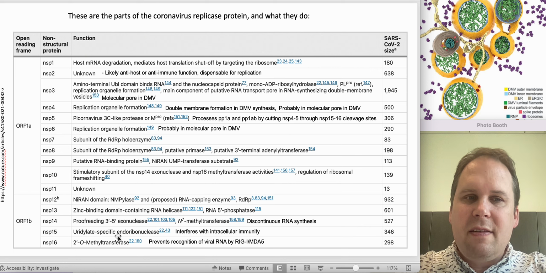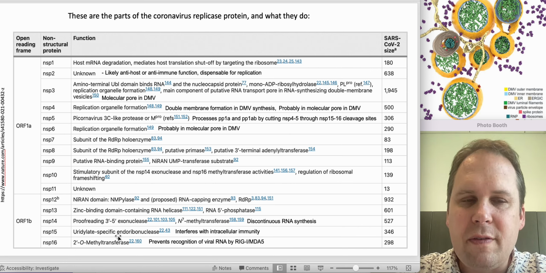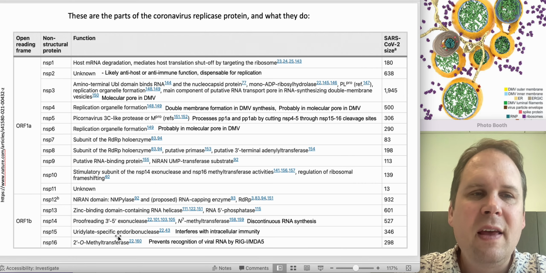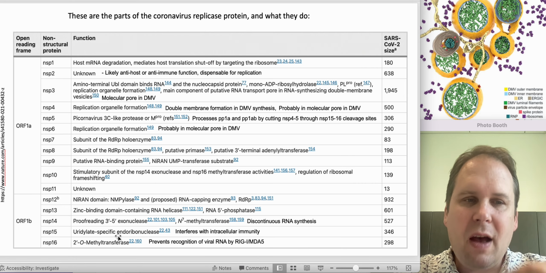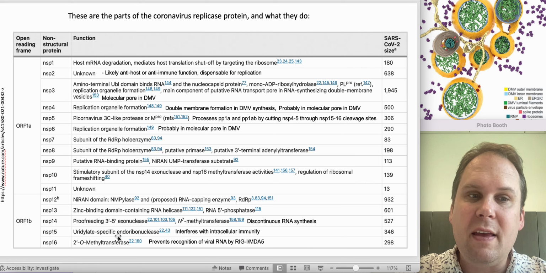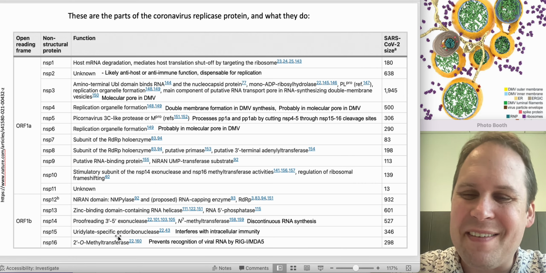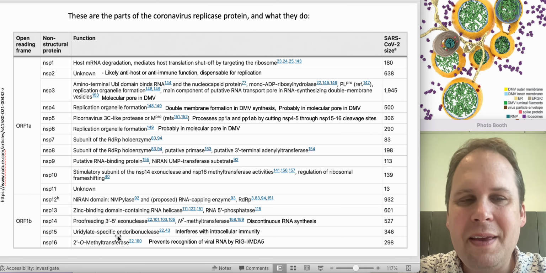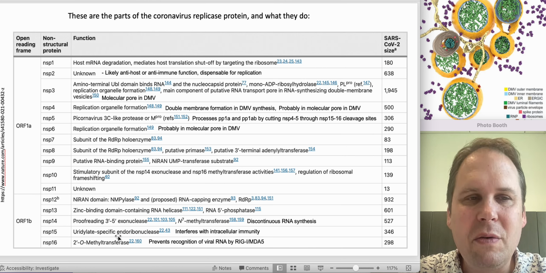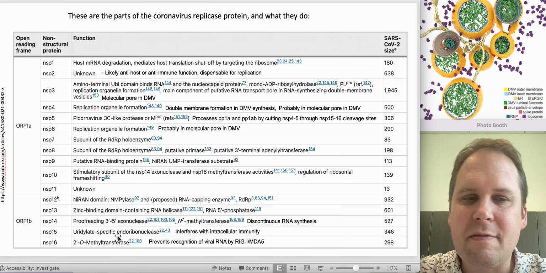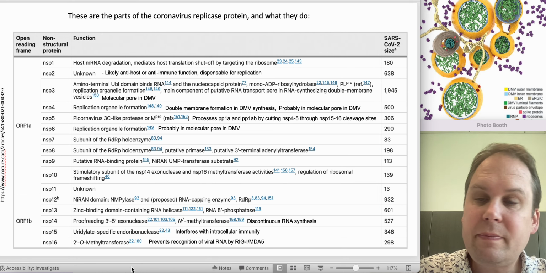We think this is an anti-host factor, because when you knock it out, the virus can actually copy itself, but it is detected by the cell big time, and the cell will sort of shut things down. We don't understand it fully, but it's doing something to essentially keep the cell from recognizing that it's infected.